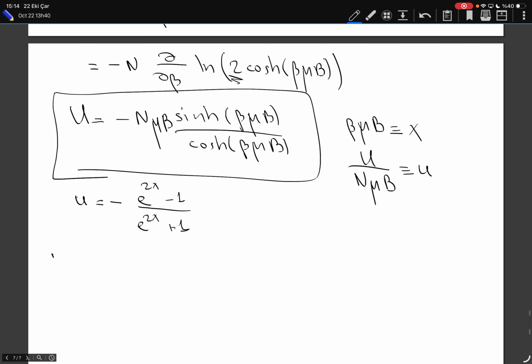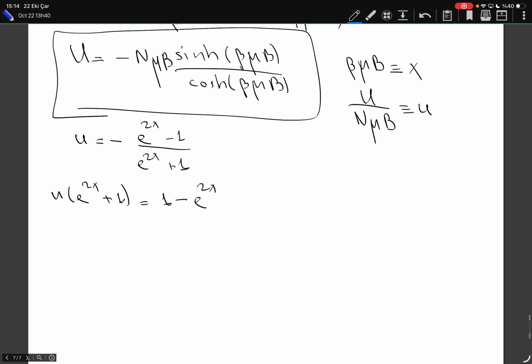So u times e to the power 2x plus 1 is equal to 1 minus e to the power 2x. E to the power 2x times u plus 1 will be equal to 1 minus u. So e to the power 2x is equal to 1 minus u divided by 1 plus u.